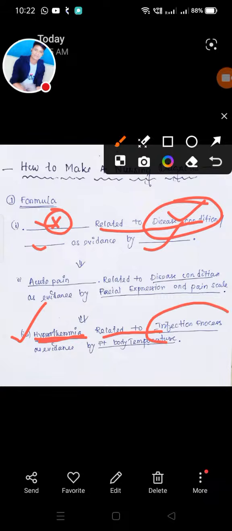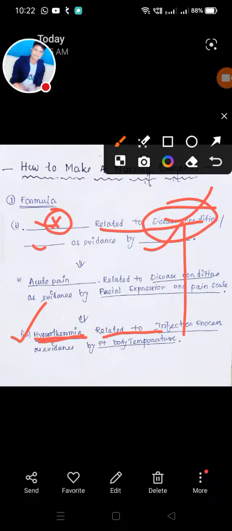Due to infection, so I have mentioned infection process. If you don't know the cause, you can just put the disease condition only.